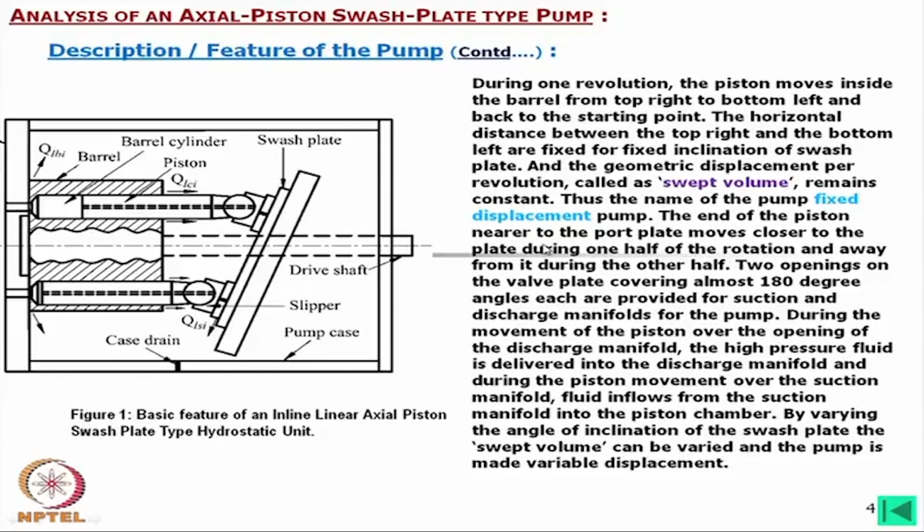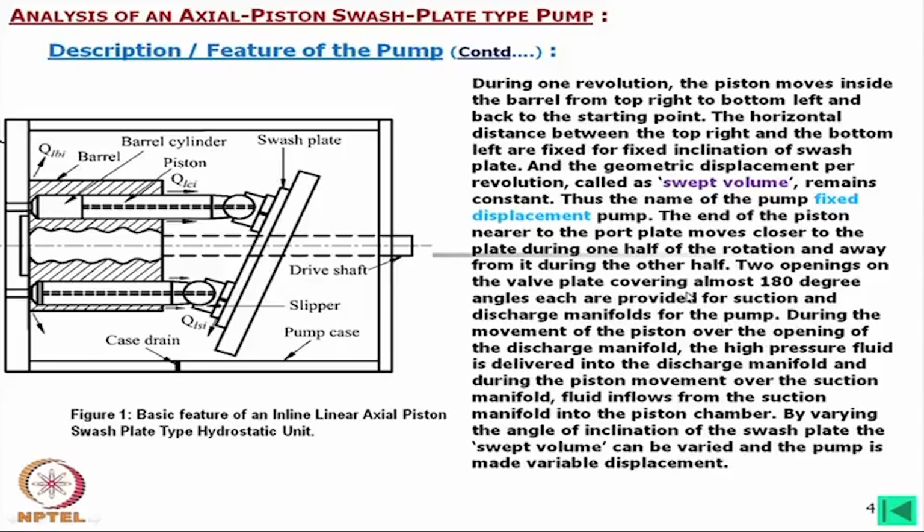The end of the piston nearer to the port plate moves closer to the plate during one half of the rotation and away from it during the other half. You can understand that for one half it is in the mode of compression, in the other half it is in the mode of suction. Two openings on the valve plate covering almost 180° angles each are provided for suction and discharge manifolds for the pump.